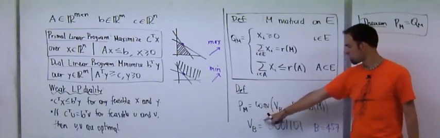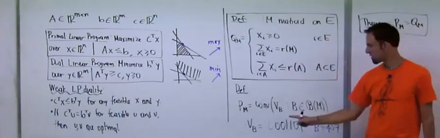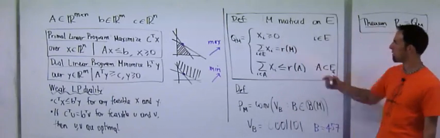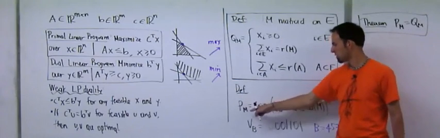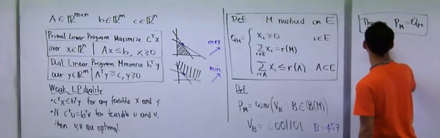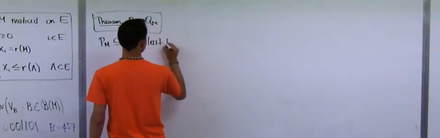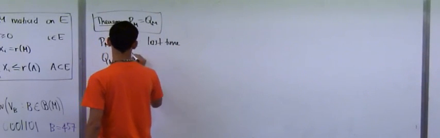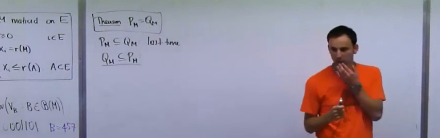So each point v sub b is inside Q sub m, and therefore, because Q sub m is convex, the convex hull of the v sub b's, which is P sub m, is inside Q sub m. So I proved that last time. And this time, I'm going to prove the opposite inclusion: Q sub m is contained in P sub m.